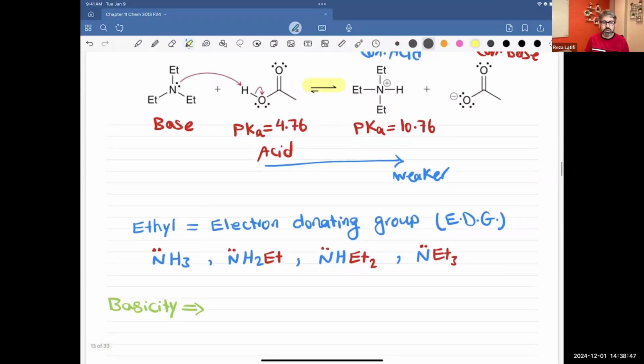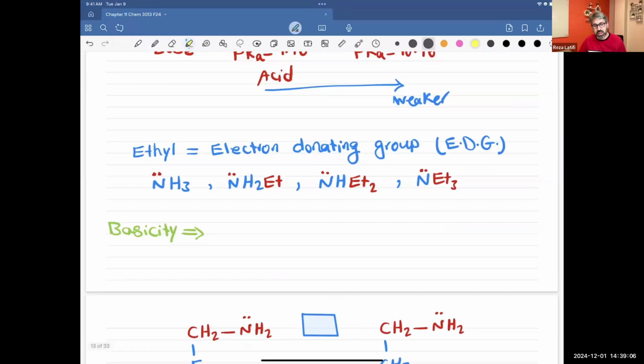Now, I have to remind you that ethyl or alkyl groups are electron donating groups. The more we have of them, the higher the electron density will be sitting on nitrogen. And so nitrogen will be a stronger base in acid and base reactions. So for example, we have 4 molecules here, and starting from ammonia, I replace the H with ethyl and then 2 ethyl, and at the end, I get rid of all hydrogens and replace them with 3 ethyls.